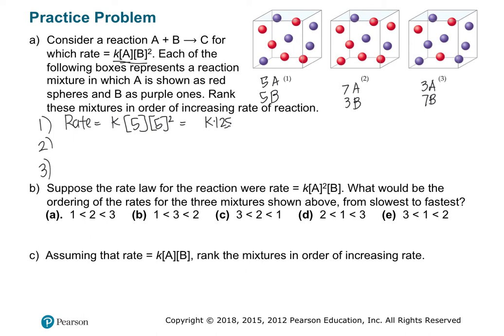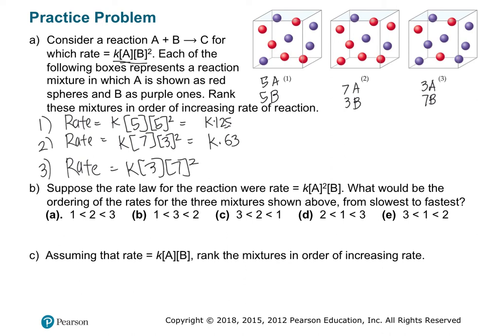Okay, for this next one, I'm going to have rate equals K. Now A is 7 and B is 3 squared. So I have 9 times 7, so K times 63. My last one, I have K. Now 3 times 7 squared, 49 times 3, and that is K times 147.